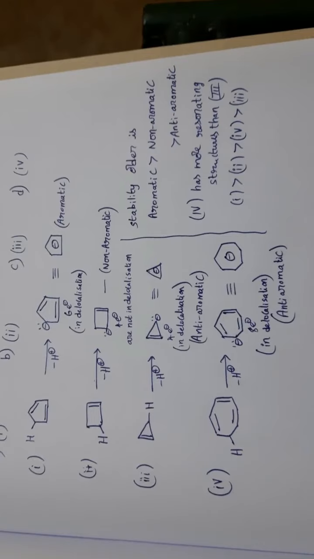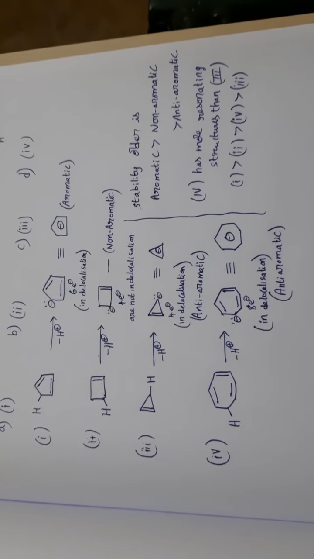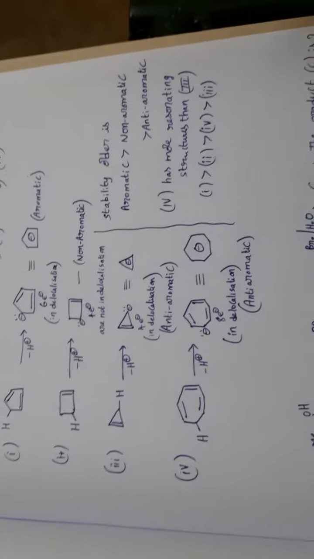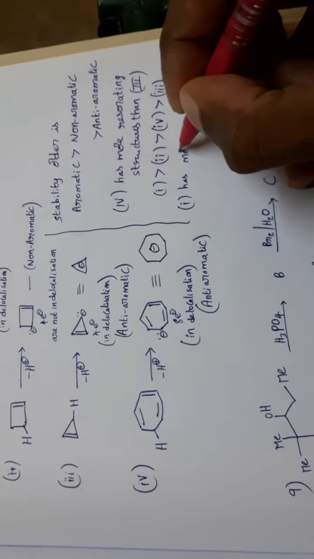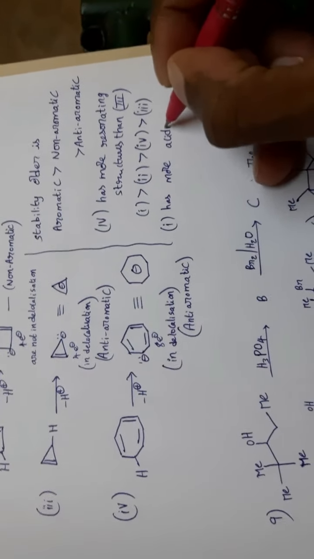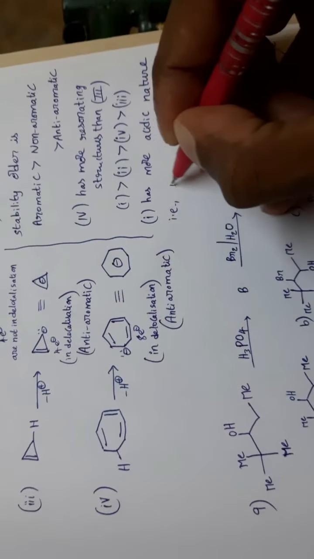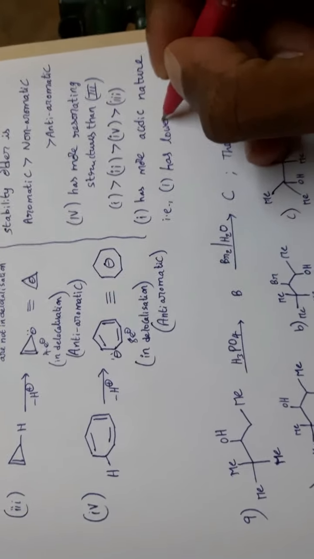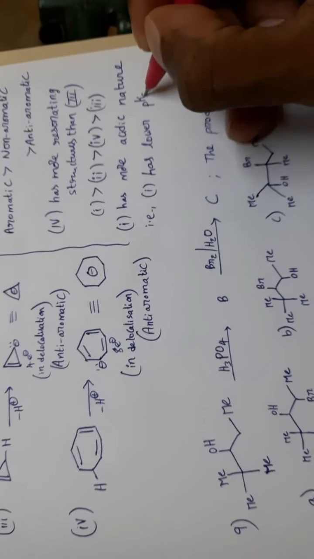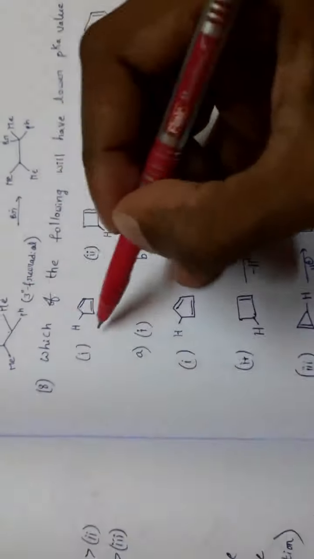So option 1 having more acidic nature. First compound has more acidic nature. That means first compound has lower pKa value. That's all. Then what is the answer? Option A is the answer.